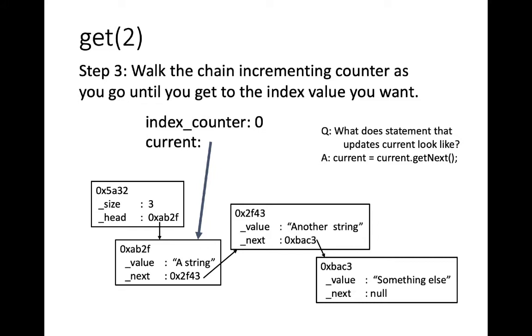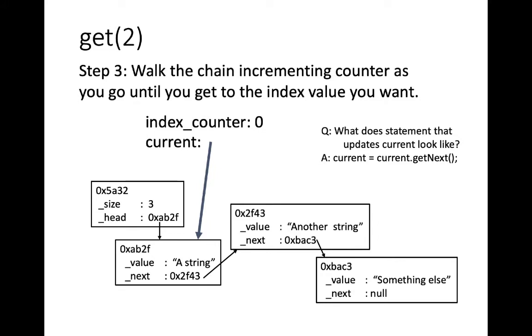So current points to this node here. It has a get next method as a getter for its next field. So I can use the get next method of the current node in order to get the next node, and then reassign current to be that next node, right?